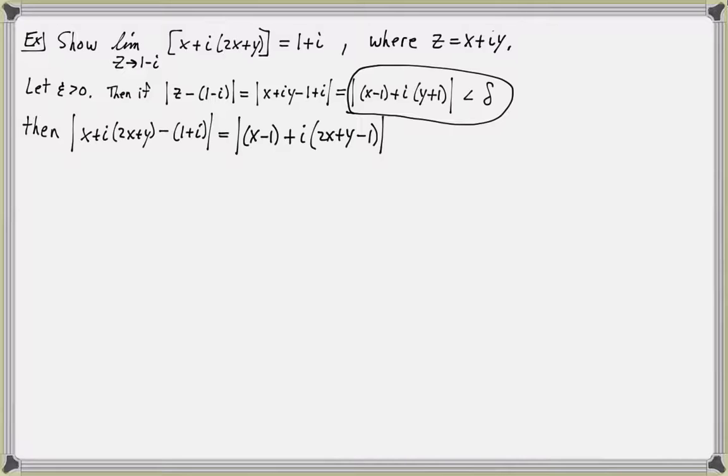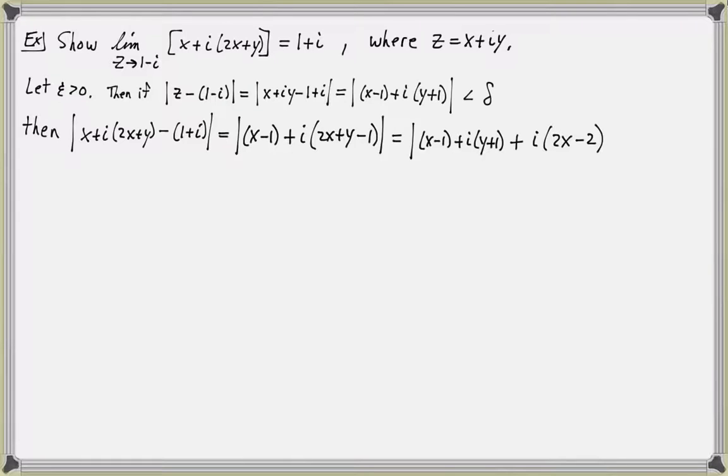So I'm going to try to get that expression isolated in the next line. So I can write this as the absolute value of x minus 1 plus i times y plus 1, plus i times the quantity 2x. Now I added a plus 1y, so I need to subtract another 1y, so I have a total of minus 2 in this expression to balance the plus 1i here.